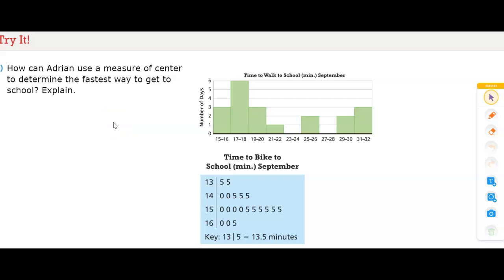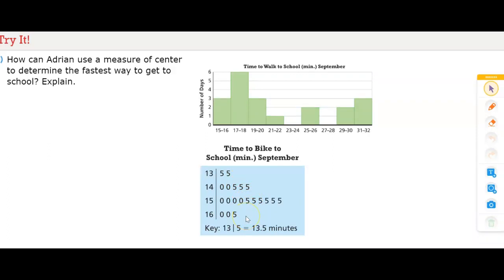If she took the median to determine which is faster, to ride a bike or to walk, the median for her walk time would be about 19 to 20 minutes, and the median of the bike time would be about 15 minutes. So based on that median, again, biking is faster, 15 minutes is less than the 19 to 20 minutes for walking to school.